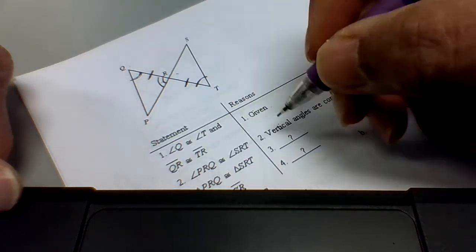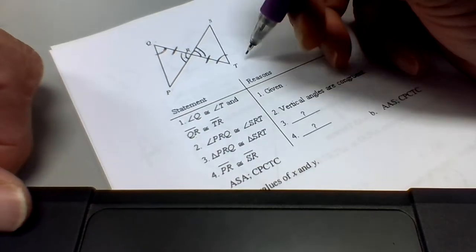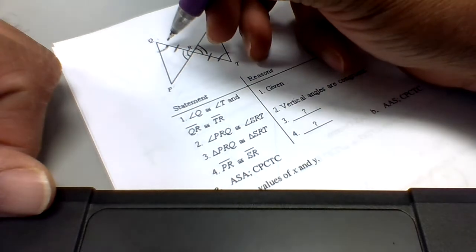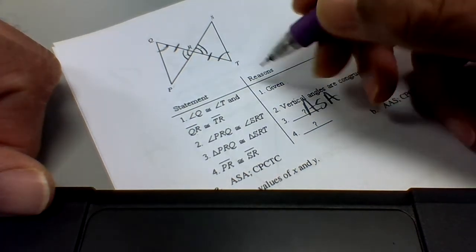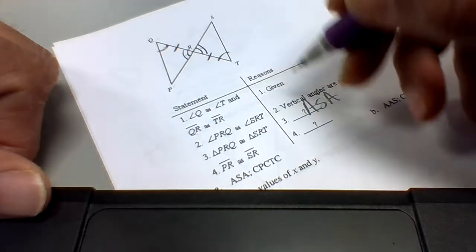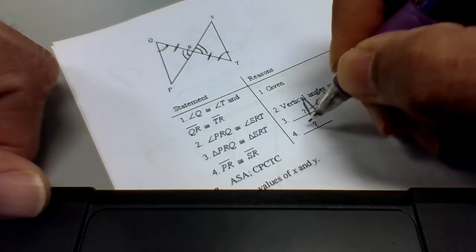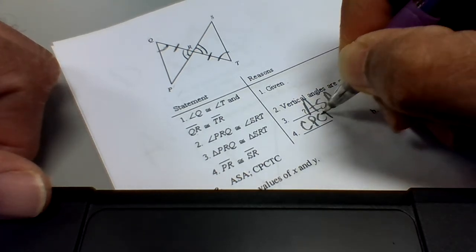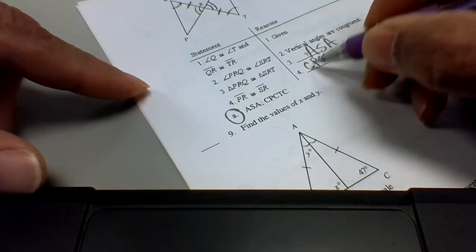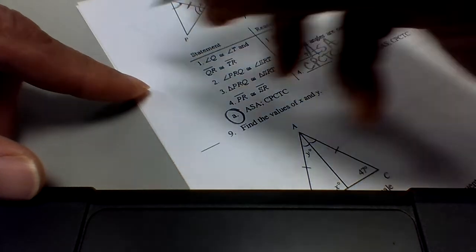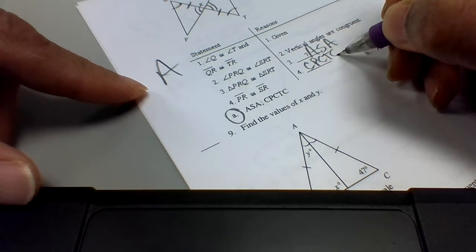They're vertical angles. So why are the two triangles congruent? By one of those 5 reasons: angle, side, angle. And then why is PR congruent to SR? Because of CPCTC. So it looks like that's A. Corresponding parts of congruent triangles are congruent.